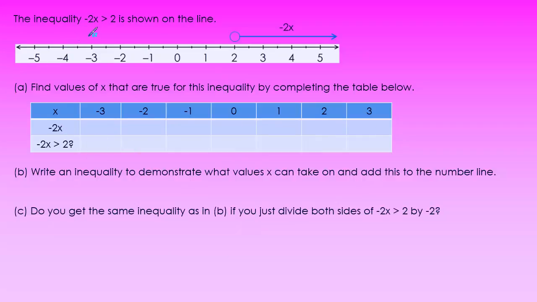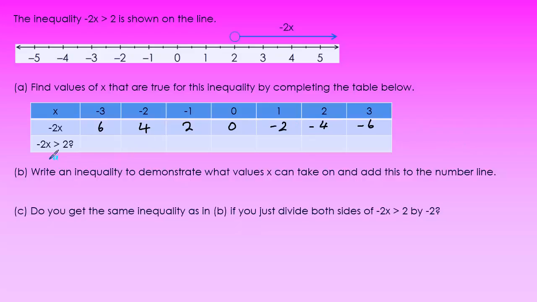The inequality negative 2x is greater than 2 is shown on the number line. Find values of x that are true for the inequality by completing the table below. So if x is negative 3, negative 2x would be 6. Then we'd get 4, 2, 0, negative 2, negative 4, negative 6.